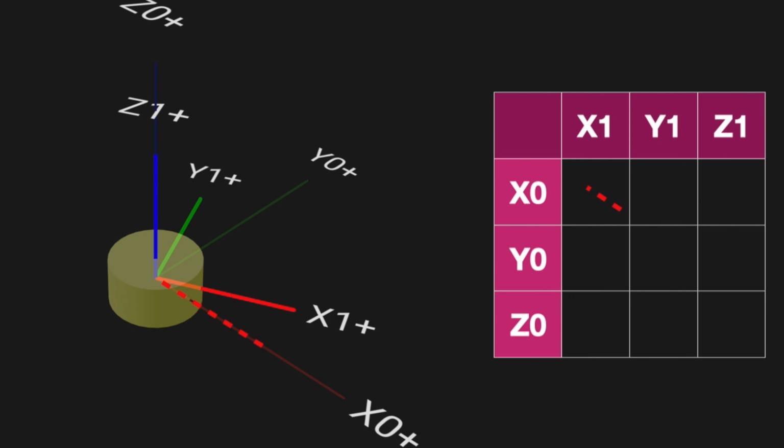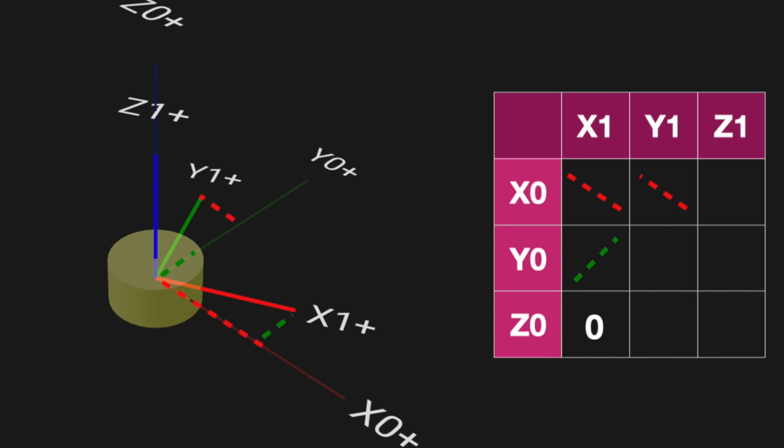The next thing we're going to do is draw a line that shows the projection of x1 on the y0 line, which is this green line shown here. Now, for the x1 on the z0, there is no portion on that, so we're going to draw a 0 in this location. Now, if we move on to y1's projection on x0, we can see we have a red line representing that.